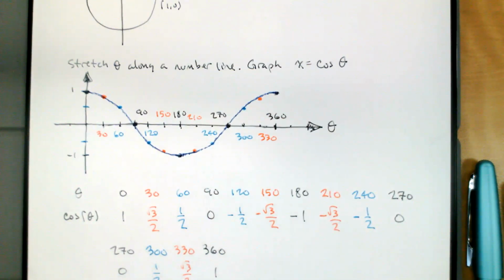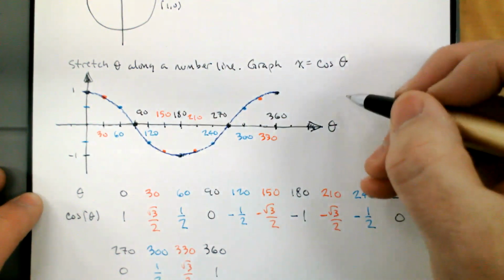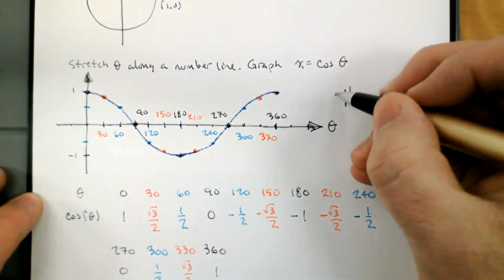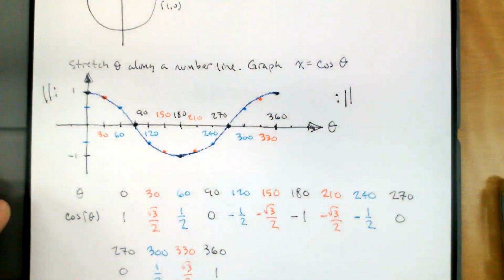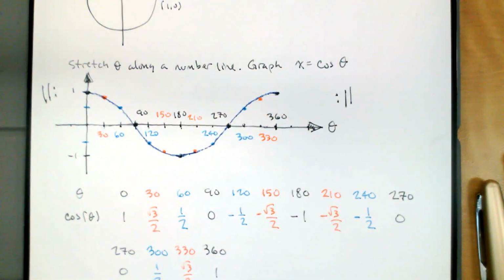So this is what the graph always looks like. It just repeats at this point, over and over again. If you're wondering where the coda is, there is no coda.